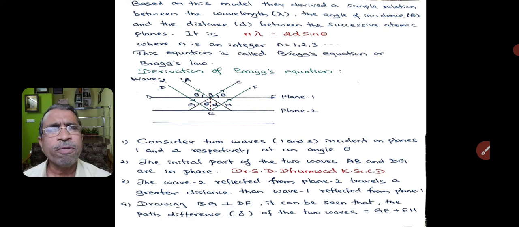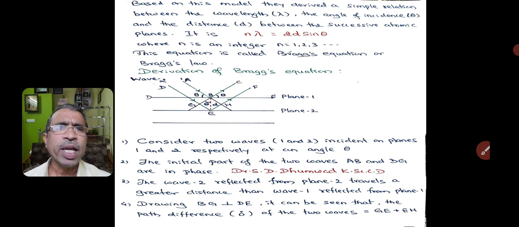Accordingly, they further undergo reflection. AB reflects into BC and DE reflects into EF. So go through this diagram carefully. I am going to explain this diagram.